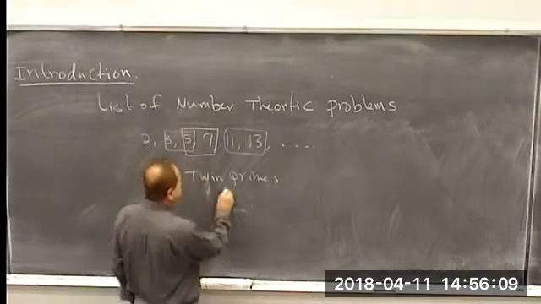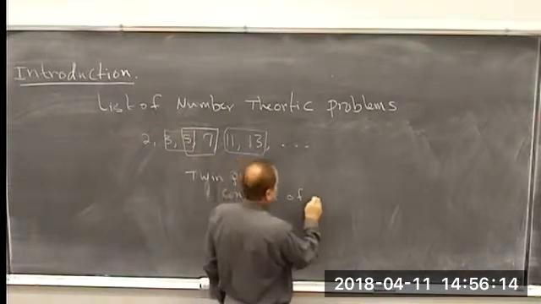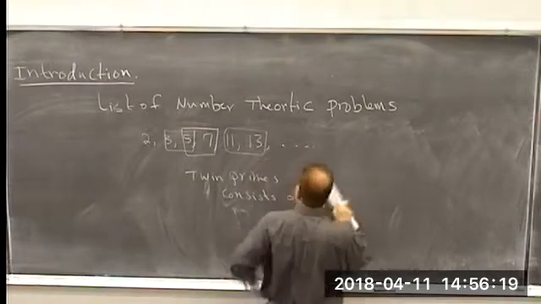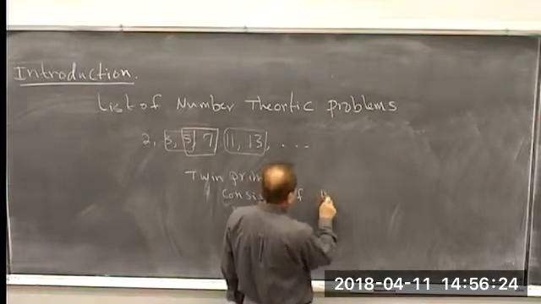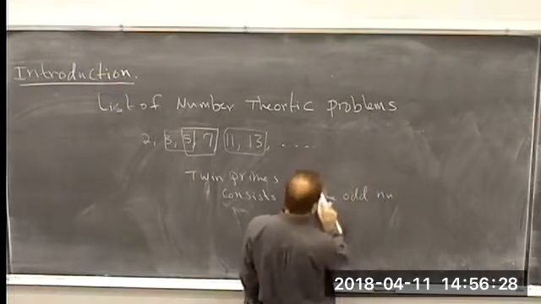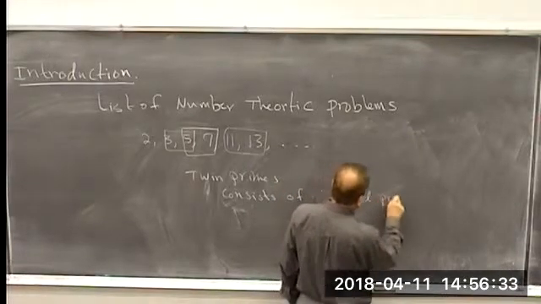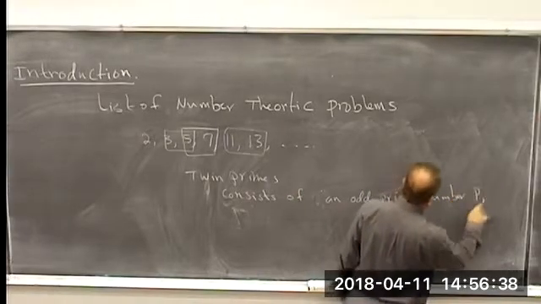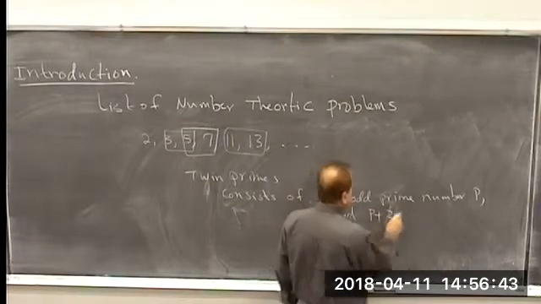A twin prime consists of an odd prime number, because 2 is the only even prime, an odd prime number P, and P plus 2, that is a prime as well.